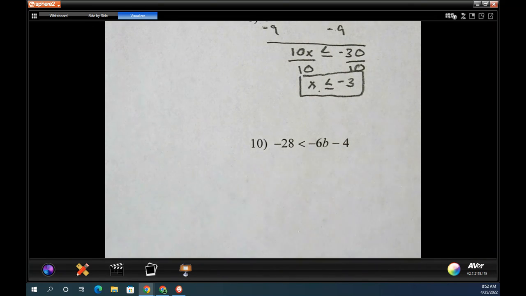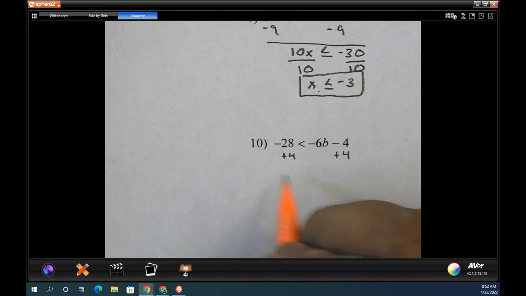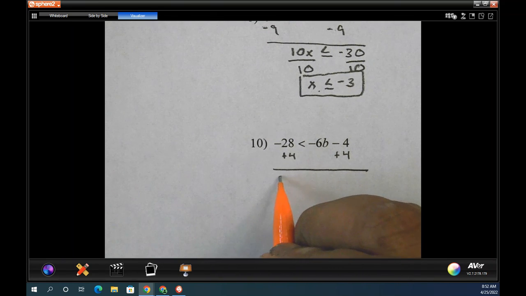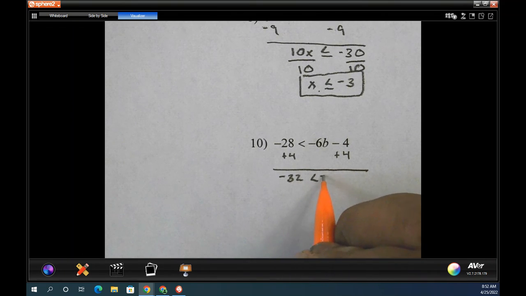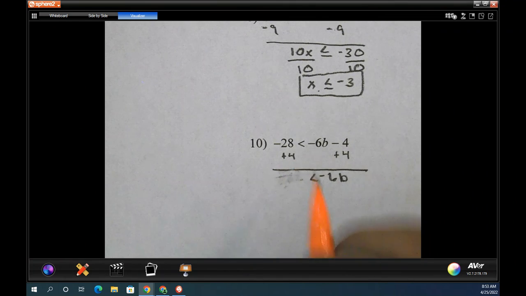All right. Let's look at number 10. First thing you should have done is add 4 to both sides. So that gives you negative 32 is less than negative 6b. Well, my bad. It's not 32. It's negative 28 plus 4 is negative 24.